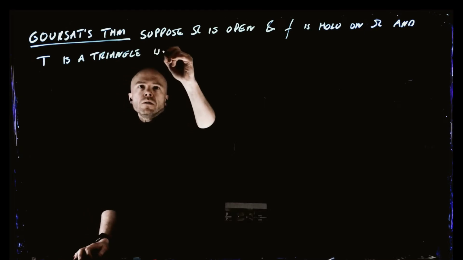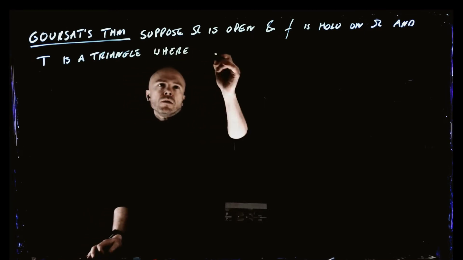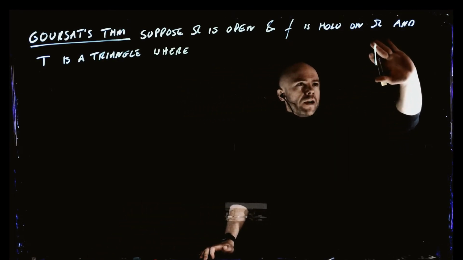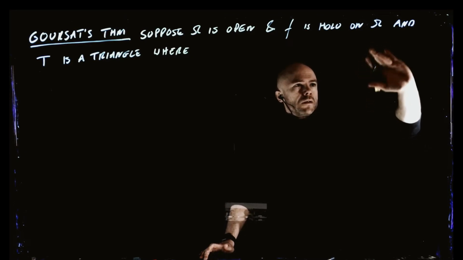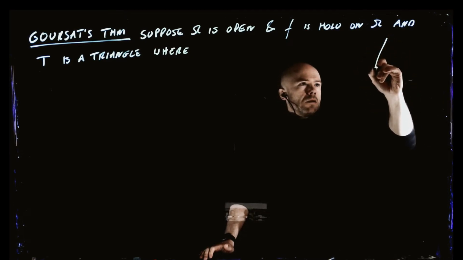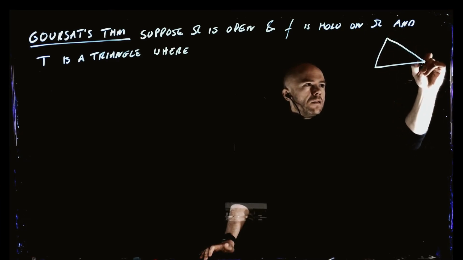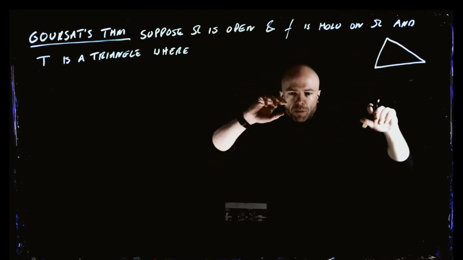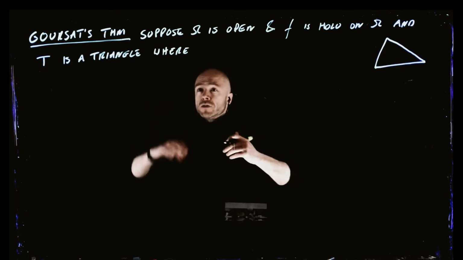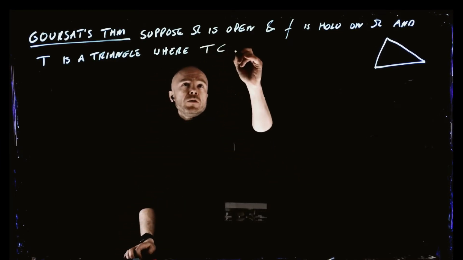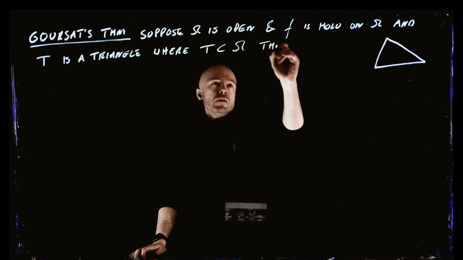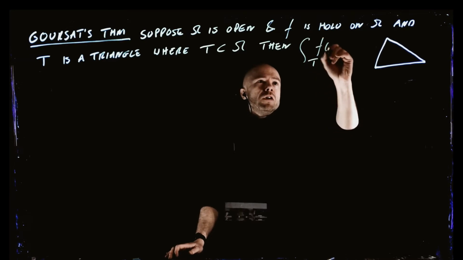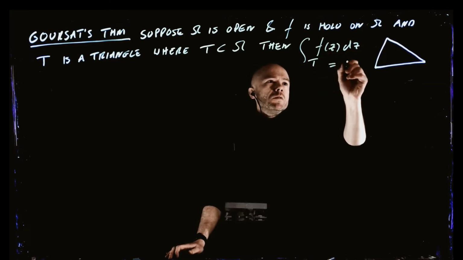For our purposes, it doesn't have to be a right angle, it could be any type of triangle. These three lines like this, okay? So it's not the solid shape, it's the boundary of this shape that I've drawn here. So suppose T is a triangle where the triangle is contained within omega. Then the integral around the triangle of f(z) dz is equal to 0.